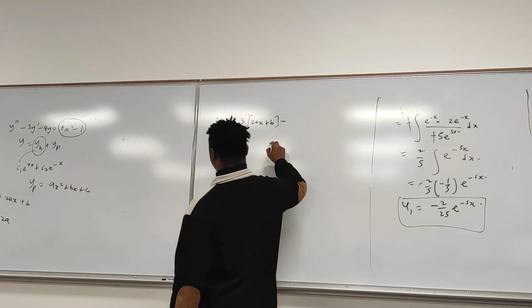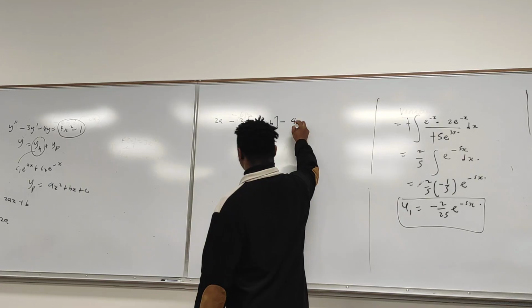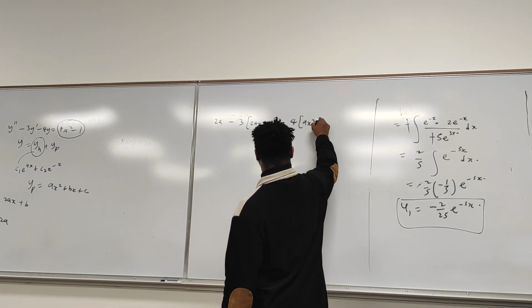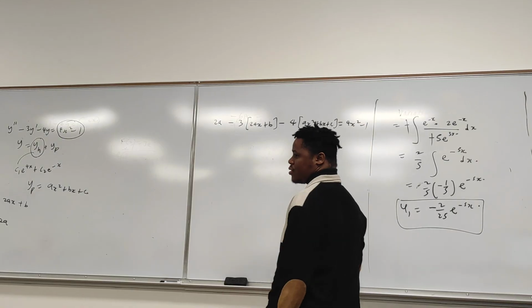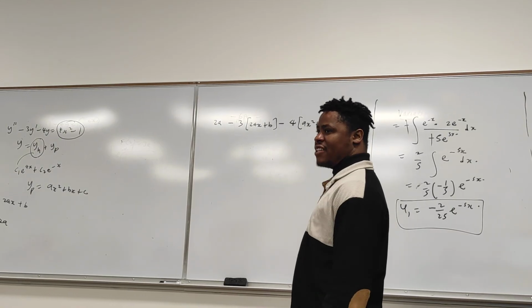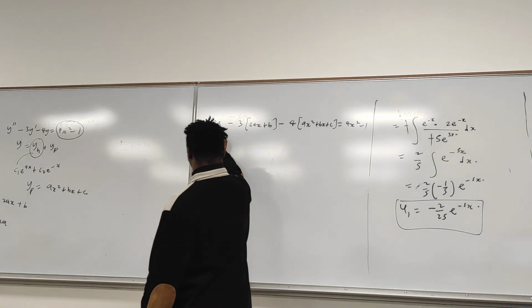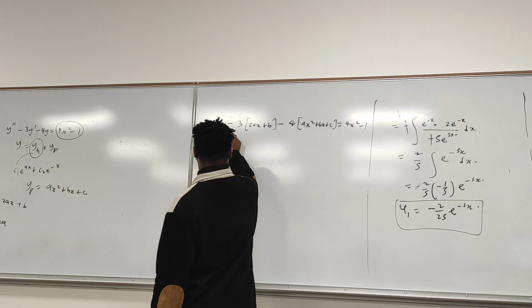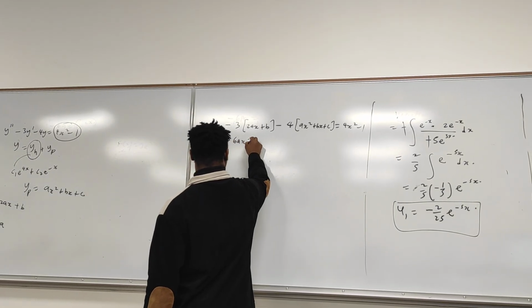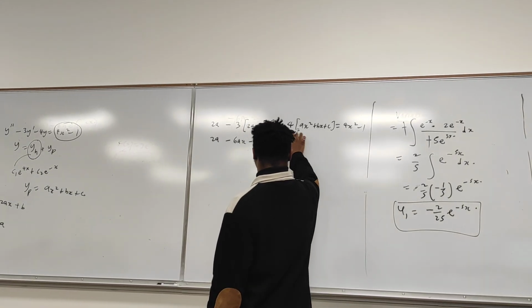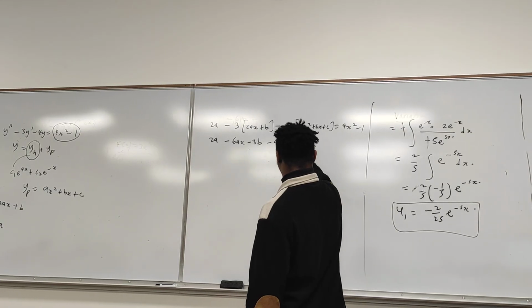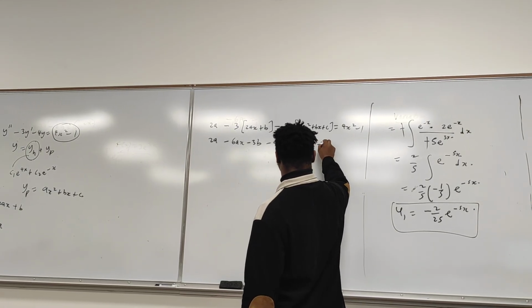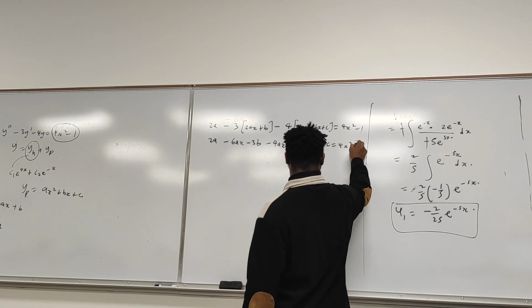Then minus 4y, which is ax squared plus bx plus c, would be 4x squared minus 1. So let's expand this. That gives us 2a, this becomes minus 6ax minus 3b, right? This one gives minus 4ax squared. This gives minus 4bx, then minus 4c is 4x squared minus 1.